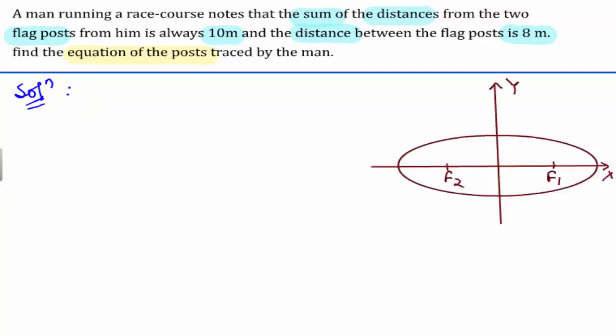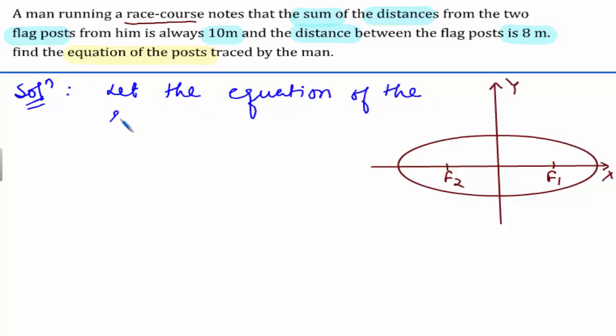And in this figure, let us suppose that this ellipse defines the race course on which the man is running. So let the equation of the race course be, as the race course is in the form of an ellipse, so its equation will be of the form x square divided by a square plus y square divided by b square is equal to 1.